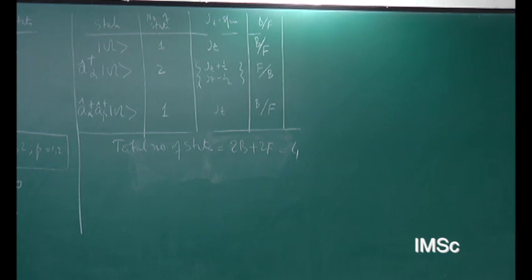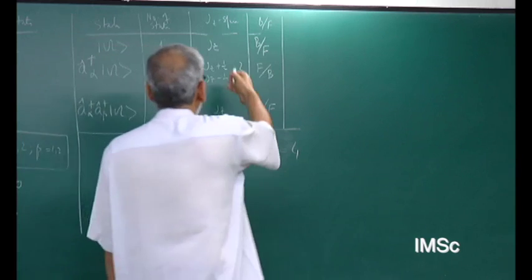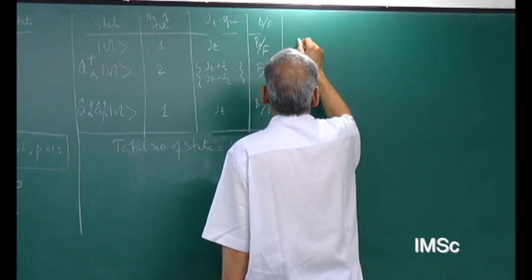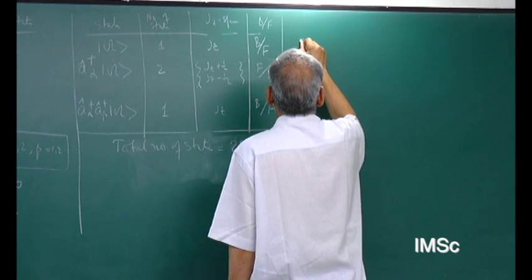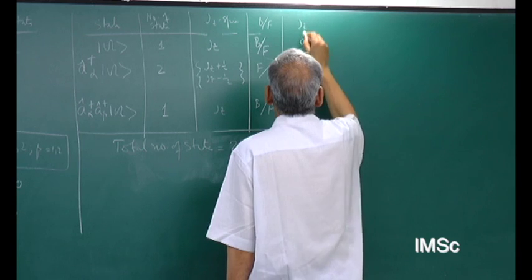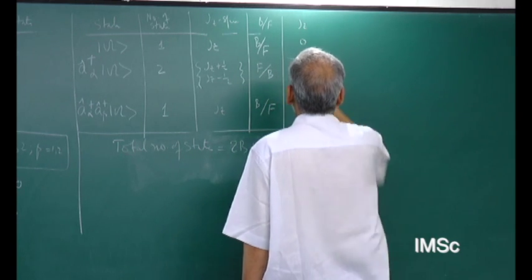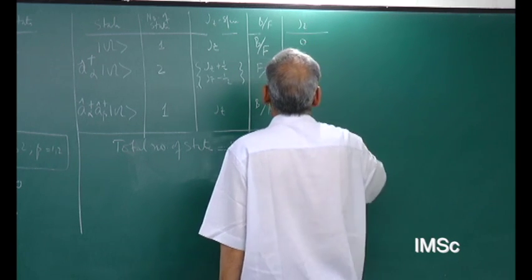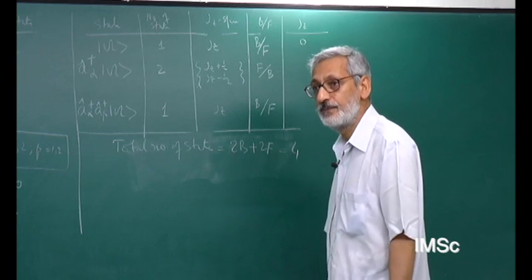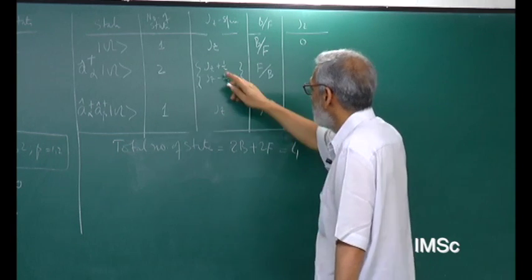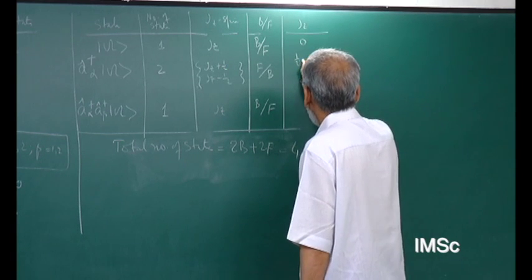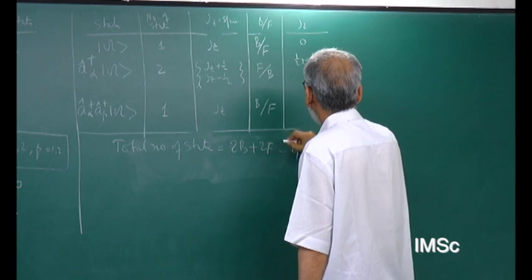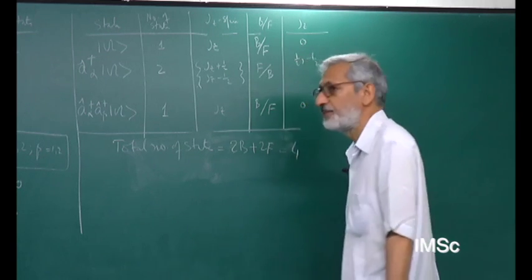In particular, let me take special values for this one. So put Jz equal to 0. Then this would be half plus half minus half. This would be 0.